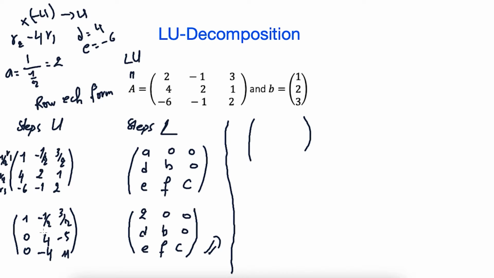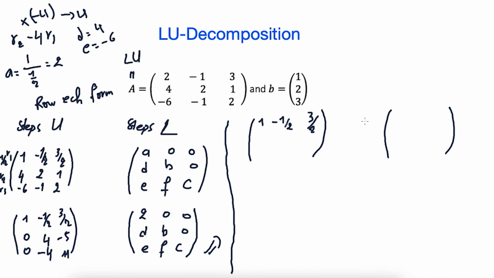The U here now is 1, -1/2 and 3/2. So if we write this like that, -1/2 and 3/2, and these are the steps for U and the steps for L.